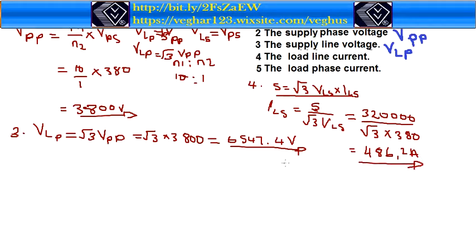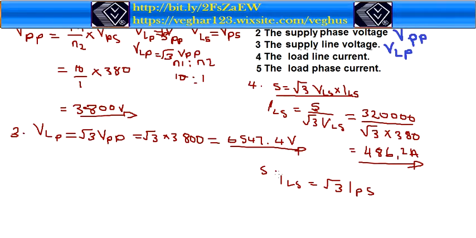Then number 5. We're using the secondary side of the delta, because it's delta there.